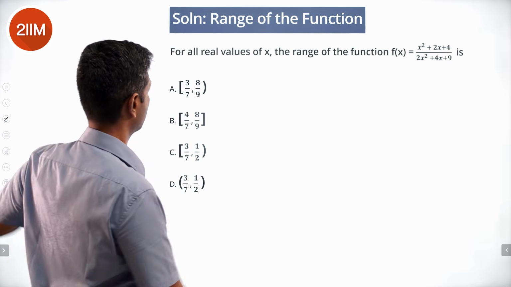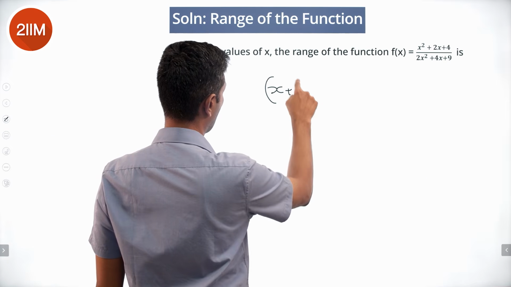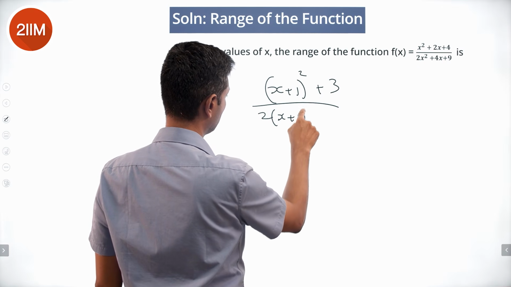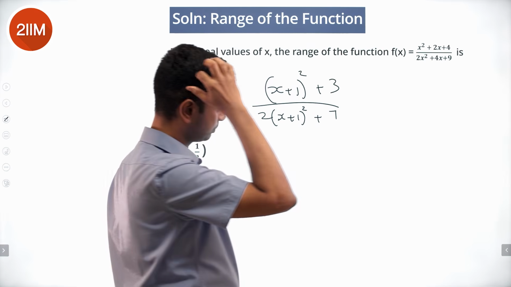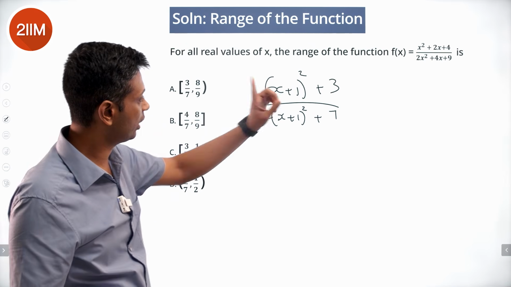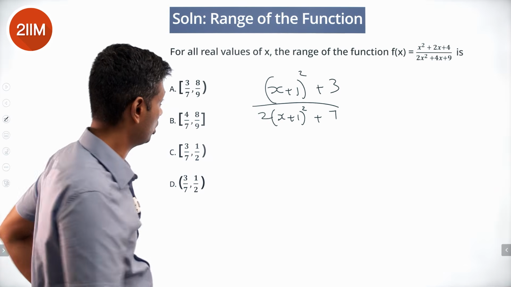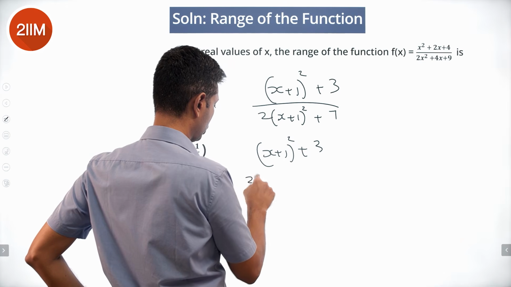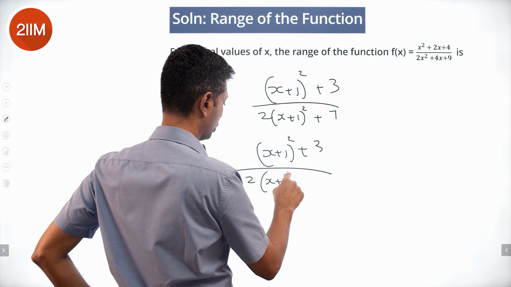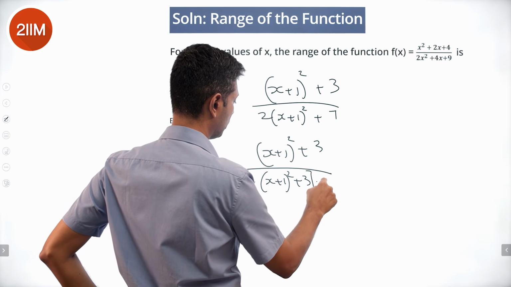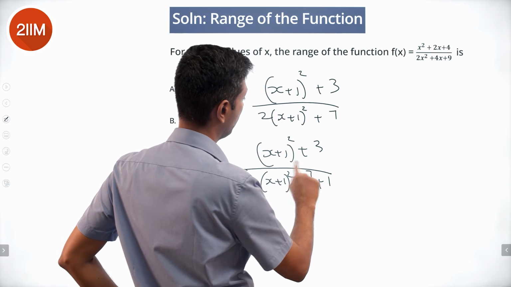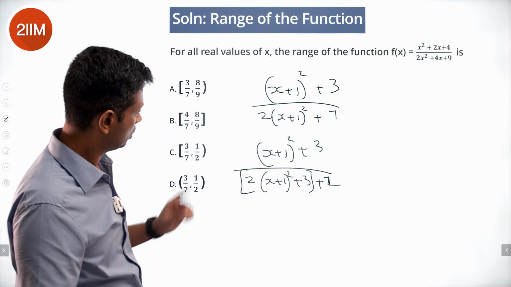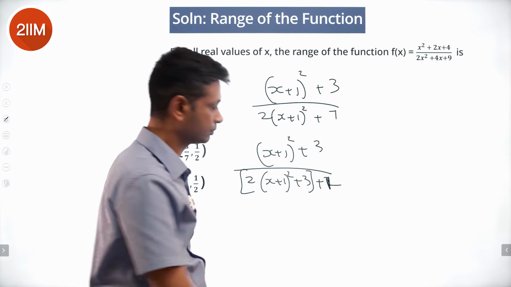Or I can rewrite this expression as x plus 1 whole square plus 3 by 2 times x plus 1 whole square plus 7. Or x plus 1 whole square plus 3 by 2 times x plus 1 whole square plus 3, plus 1.